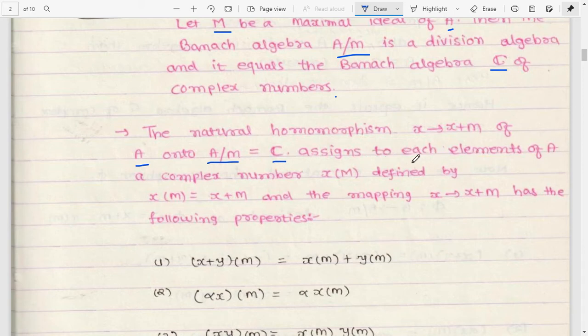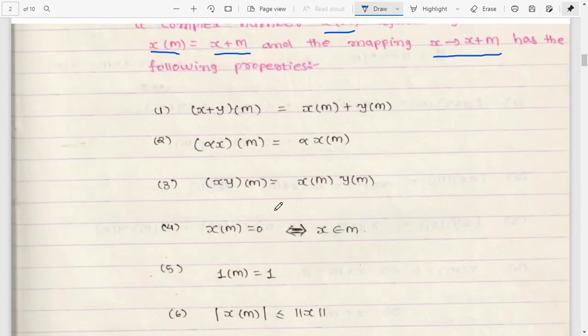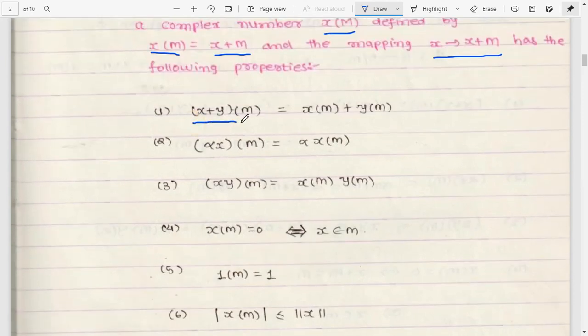It assigns to each element x of A a complex number x(m) defined by x(m) is equal to x plus m, and the mapping x to x plus m has the following properties. First, (x plus y)(m) is equal to x(m) plus y(m).